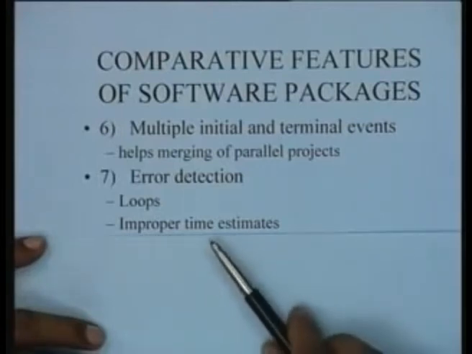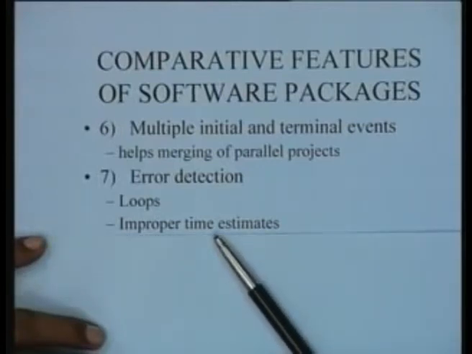There might be improper time estimates. Can your computer package detect and point out that you have not selected the appropriate time estimates for various activities? How do you think this could be done? This could be done very simply: there is a database within the package which would specify that any particular activity has conventionally been within a certain range of, let's say, 3 months to 6 months.